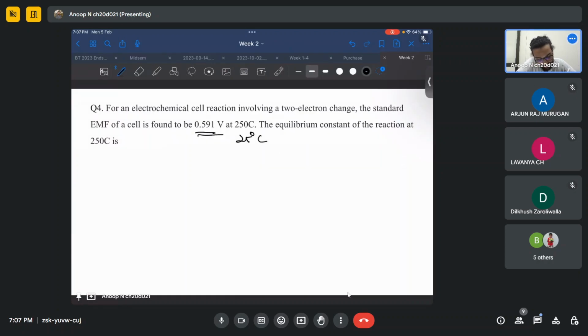The equilibrium constant for the reaction at 25 degrees centigrade is. Can you calculate? Don't comment the answer. If you are finished, please put done.